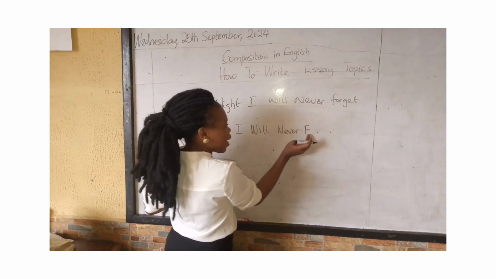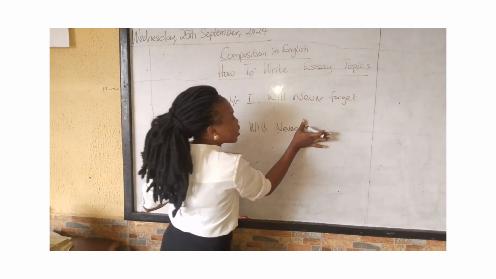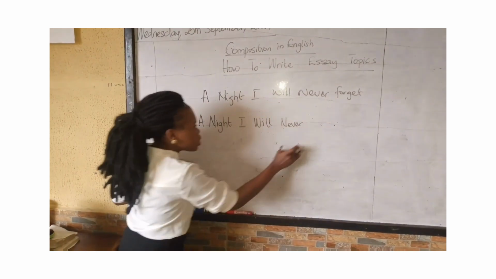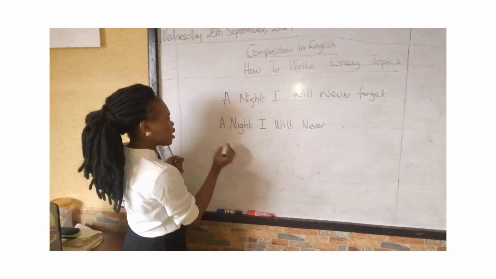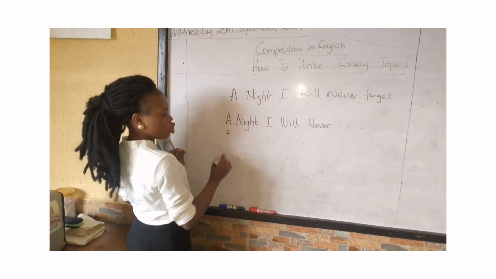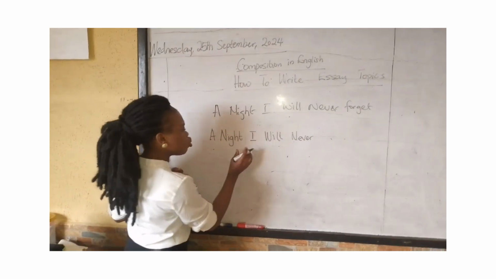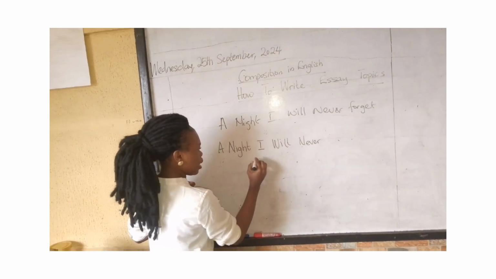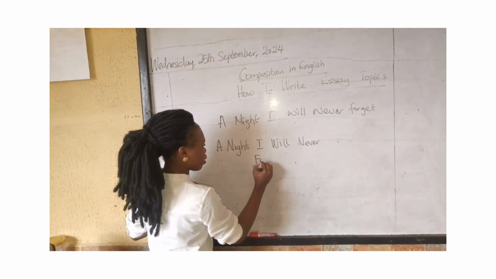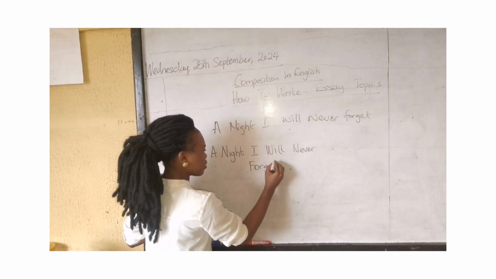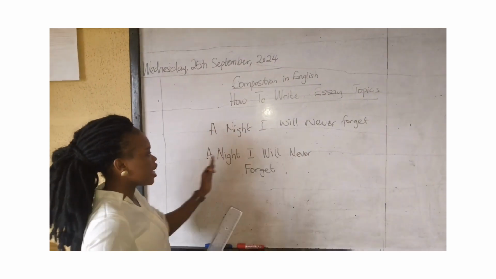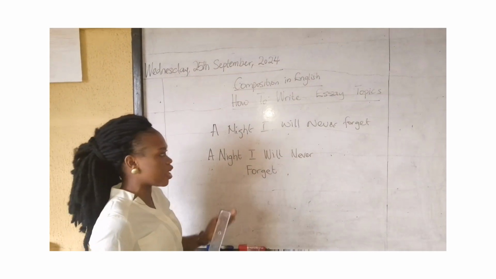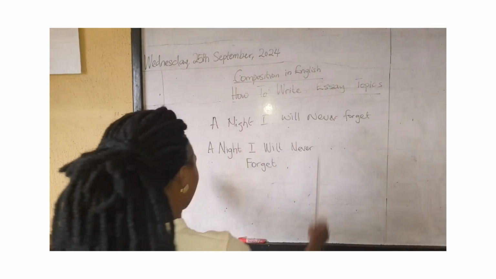This dot and this writing will not be enough, so you can just move it underneath. But you can't just write "forget" here. No, you can't do that. You should look at the place that will fit in, and that should be the center. It should be here. Forget. A night I will never forget. This makes your writing okay.